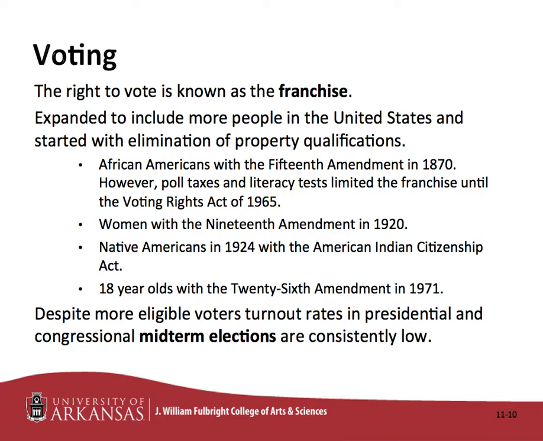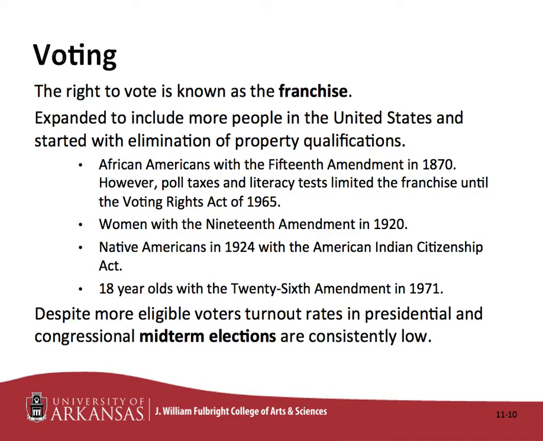Now this was removed with the Voting Rights Act of 1965, but certainly if you see some of the literacy tests, which were incredibly difficult to pass, and the poll taxes, which if you're poor, keeps you away from voting, certainly this was biased against African Americans and poor whites. So certainly there was a good deal of anti-lower class restrictions put in place, especially in the South, prior to 1965.